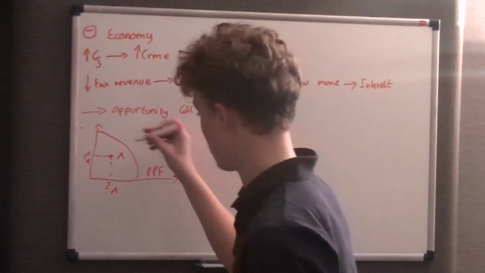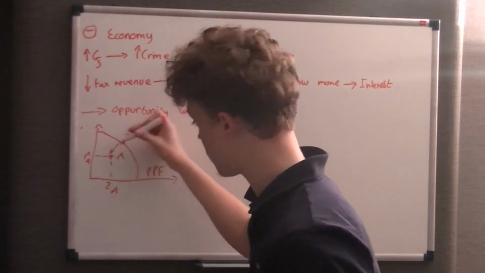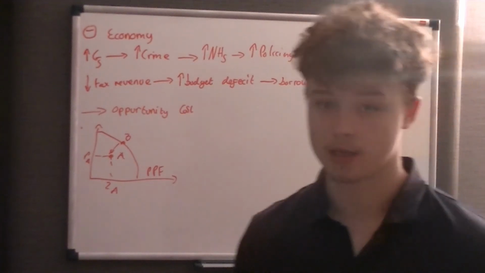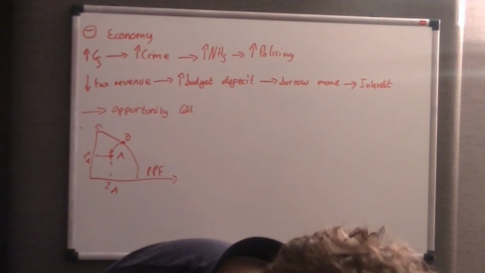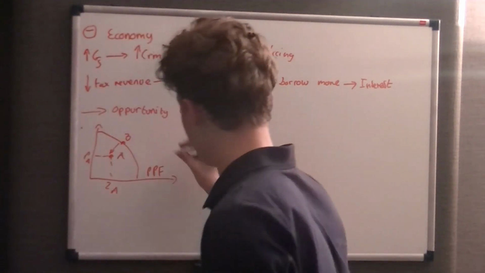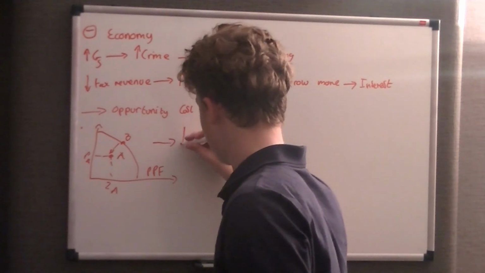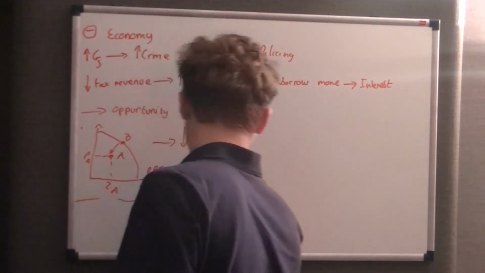And obviously you could explain, we could be here at point B, but we are here, so we are productively inefficient, and you could use that to explain it. And if we are productively inefficient, our standards of living go down. Obviously you could explain that diagram. So you've got a diagram in there.